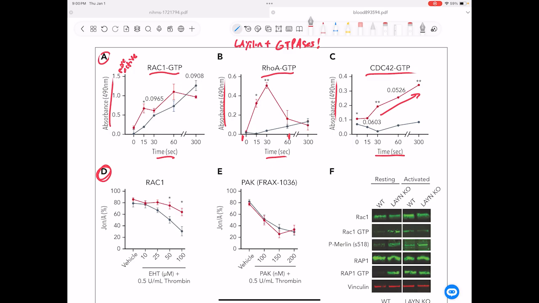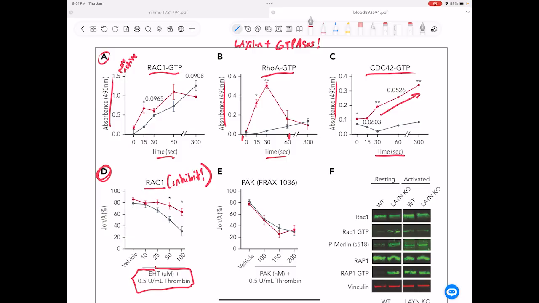And so here we are measuring what happens when we target RAC1 and inhibit it. And what we predicted was that our Layilin knockout would be resistant to that inhibition.